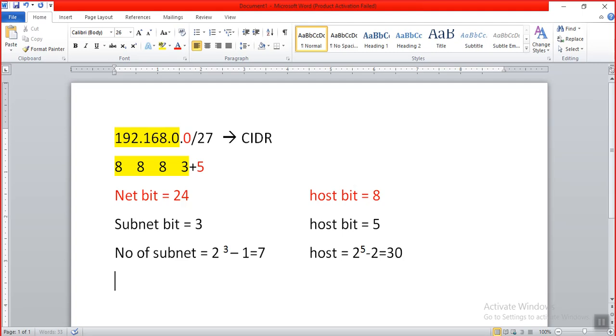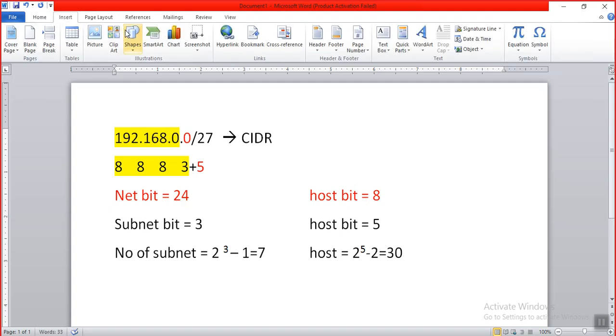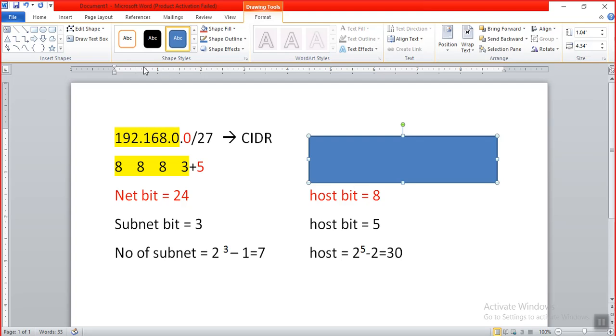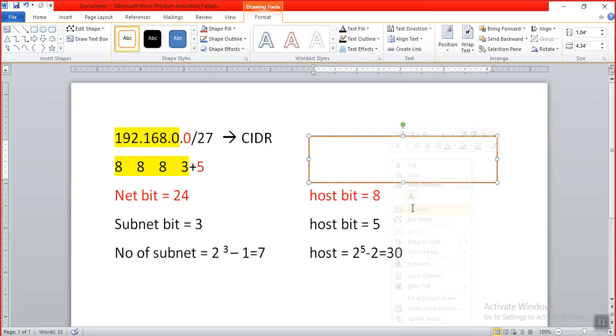What is the meaning of this line? Previously, say we have one room, and within this room 254 IPs are possible, that is 192.168.0.1, 2, 3, 4, 5, 6 up to 254.